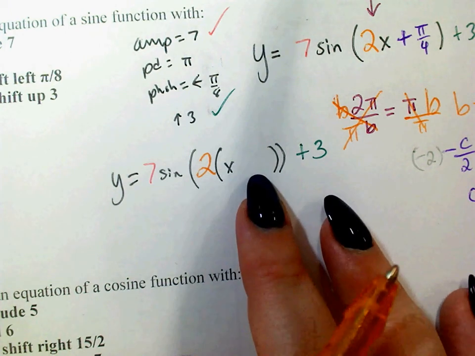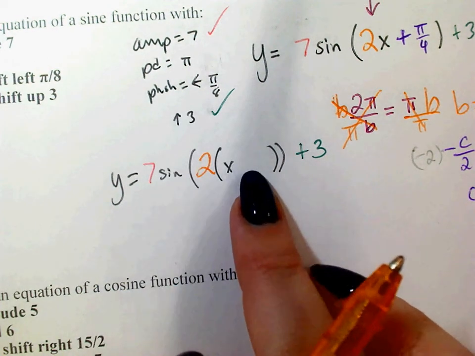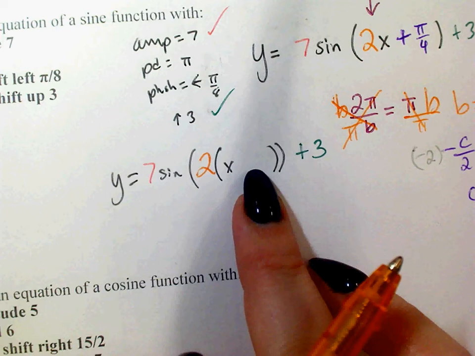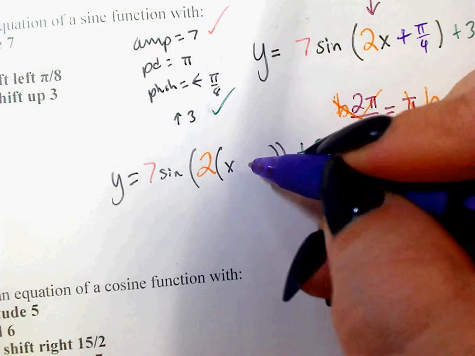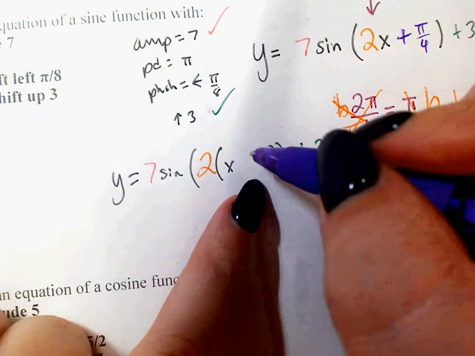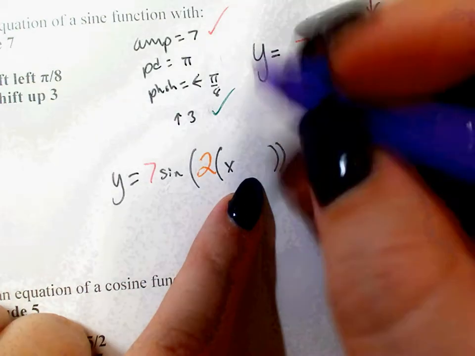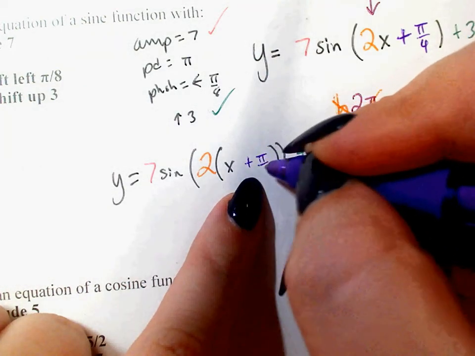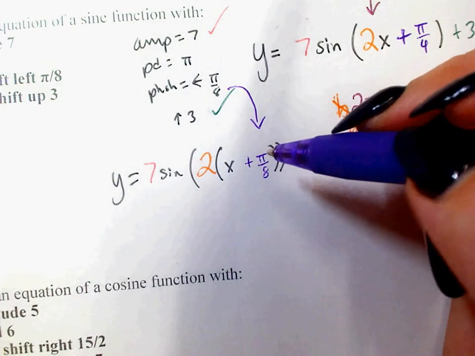So the fact that I'm going left pi over 8 means what can I put inside the set of parentheses? Remember, this is literally just the transformation by itself with the 2 already factored out. So this is plus pi over 8. So this is a direct substitution inside.